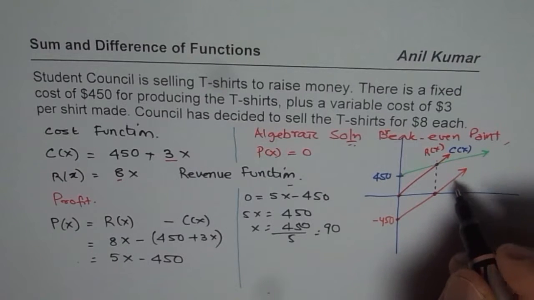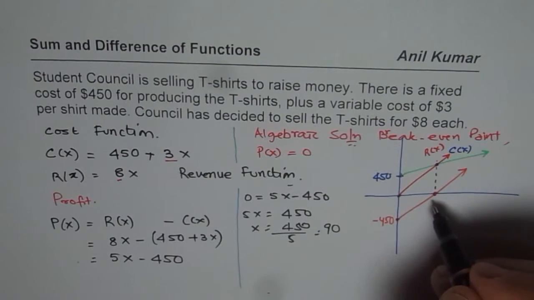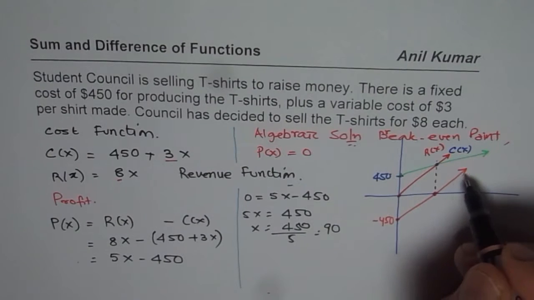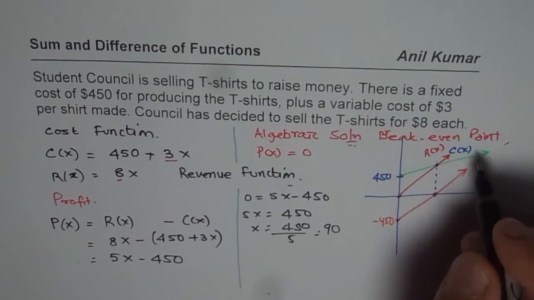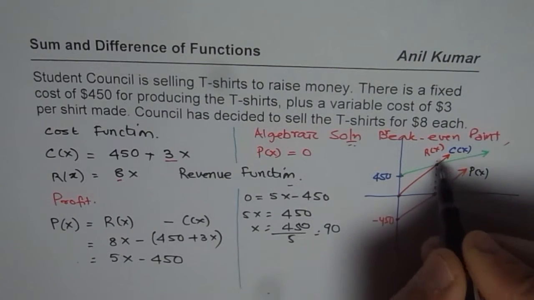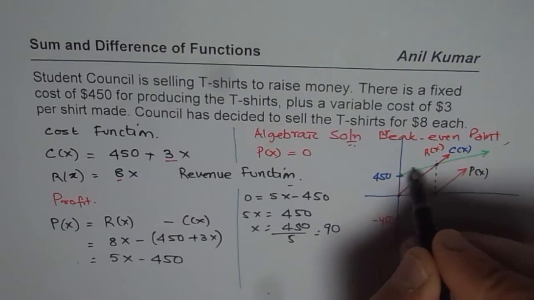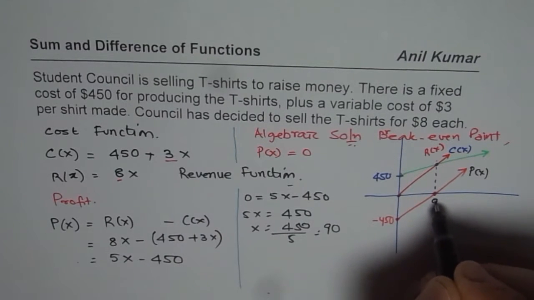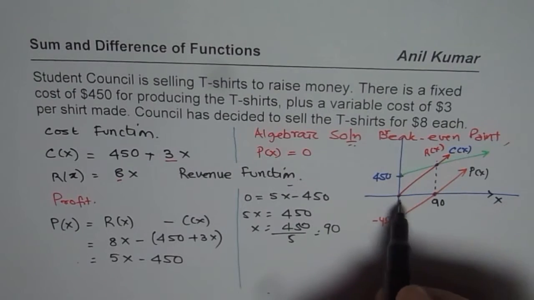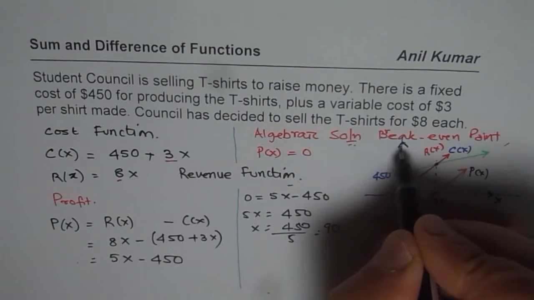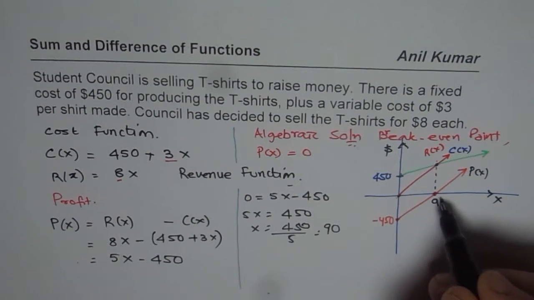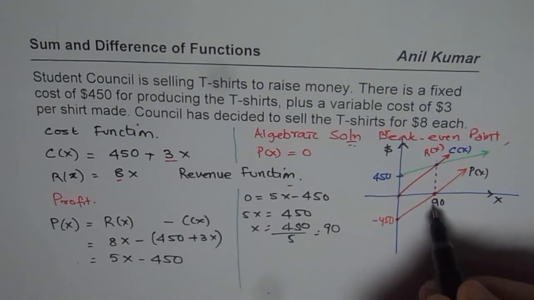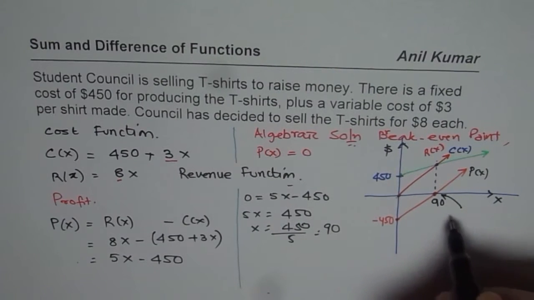Now, it's an approximate diagram, but you get the idea that this is a profit function, right? So just when revenue is equal to cost, we have zero. I should not write zero. This is 90, we know. Where this is x, x is the number of t-shirts sold. Those are amounts in dollars, right? At that time, we are not making any loss. So this is the break-even point.